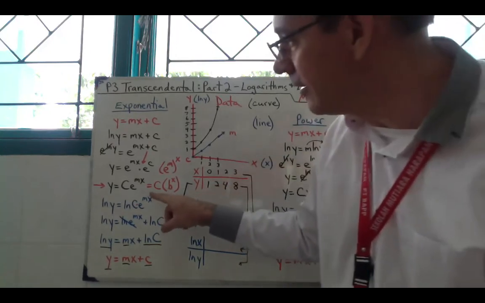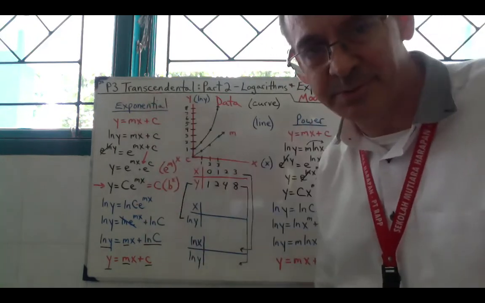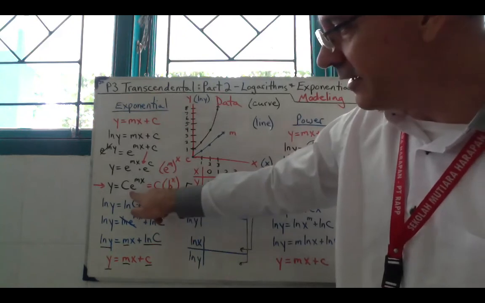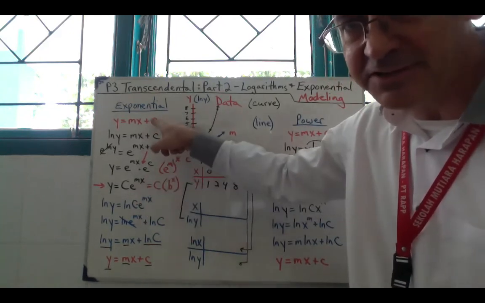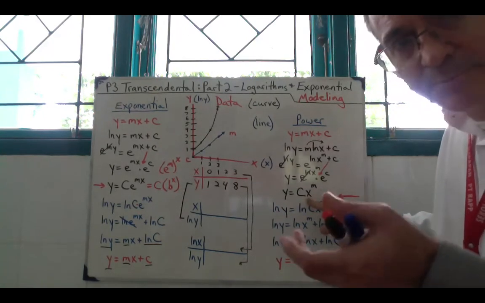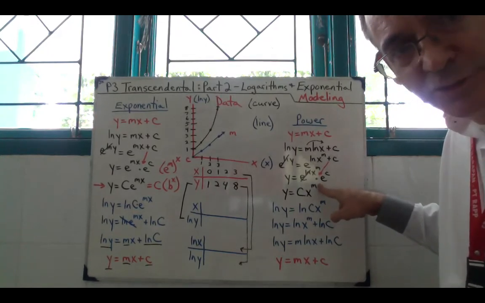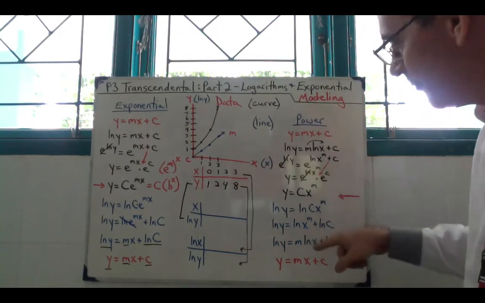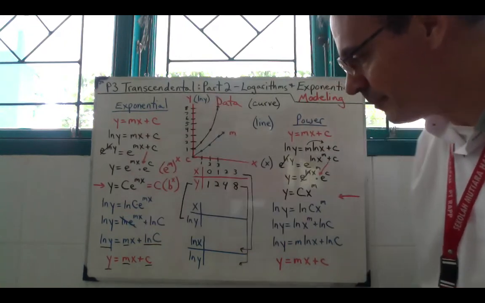Whereas over here, the x is in the exponent, and that's what makes it exponential. You have a numerical base, and x is your exponent, that's exponential. Here, x is your normal script base, and it is raised to some numeric power. So this is your power modeling, and this is your exponential modeling.